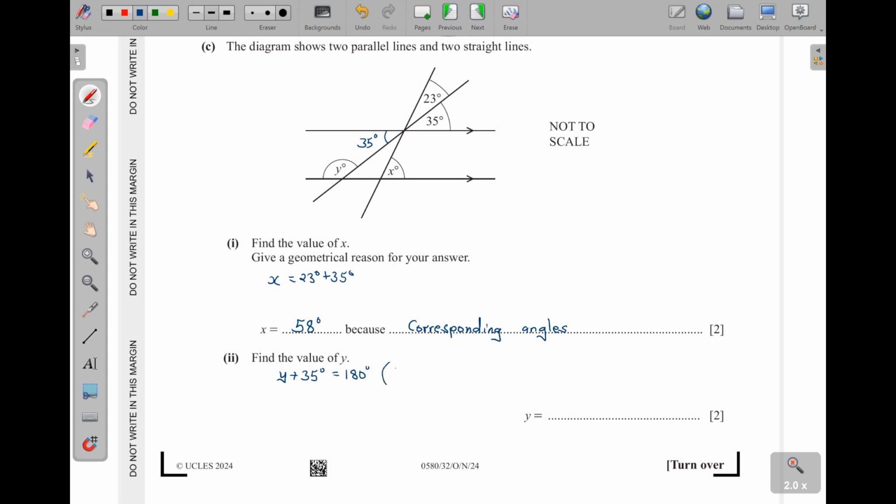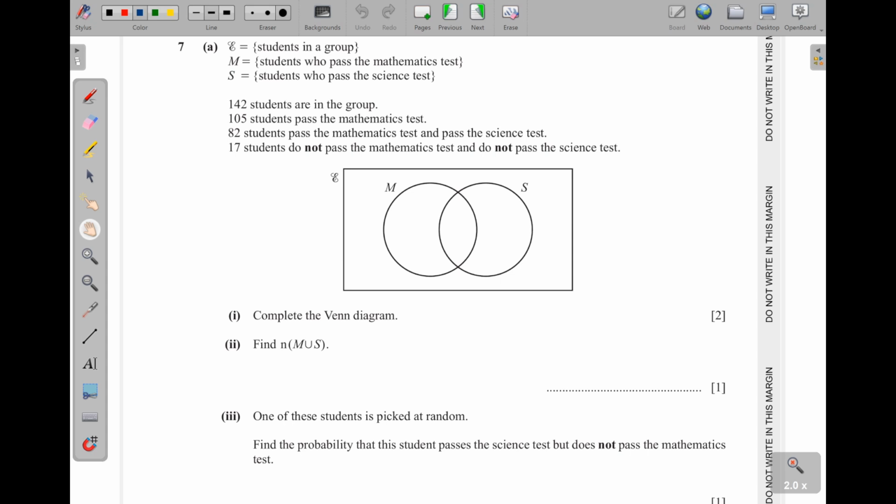Just like I've just said, it is interior angles on parallel lines, which add up to 180 degrees. So that therefore implies that y is going to be equal to 180 minus 35. This one gives you 145.